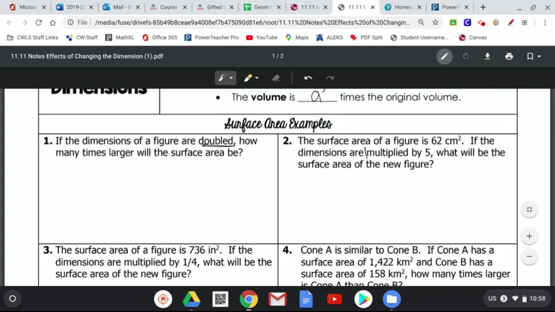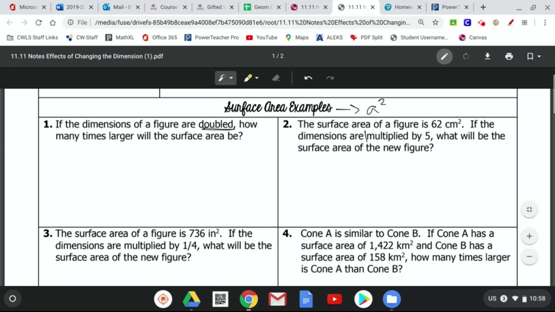So surface area, we know, is going to be that scale factor squared. The first one tells us that if the dimensions of the figure are doubled, so we have this cube again, then we go to this other cube. Boom. And basically, we are doubling those dimensions.